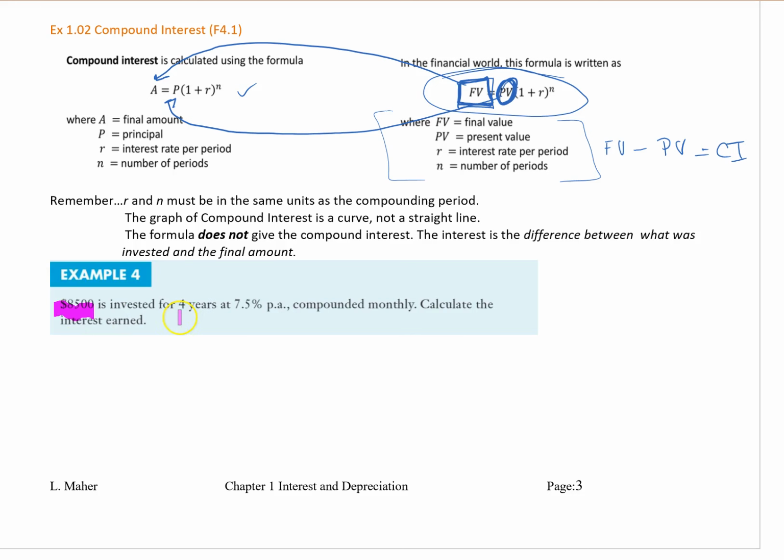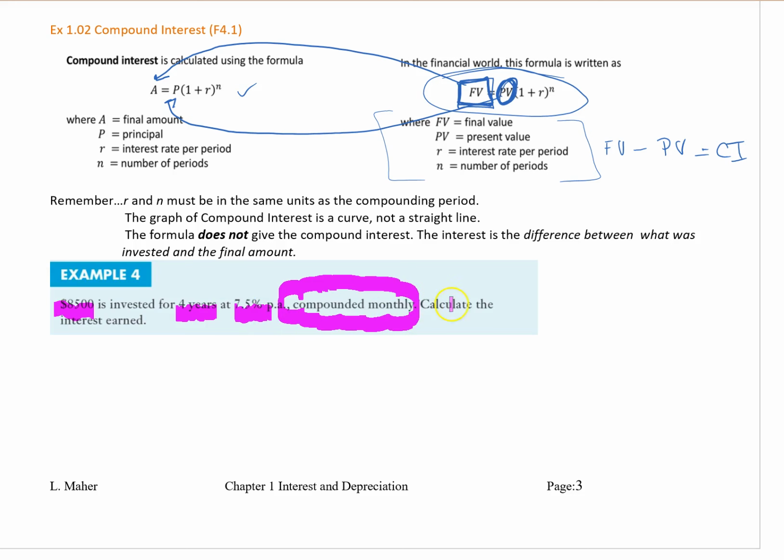So invested for obviously any number we come across, years, 7.5% per annum. This is really important. This sets the units for both R and N, and we can see they have to be months, which is a problem because the time was given in years and the rate was given in annum, so both of those values have to be adjusted.